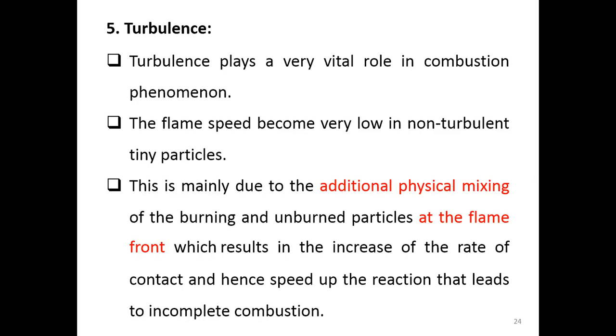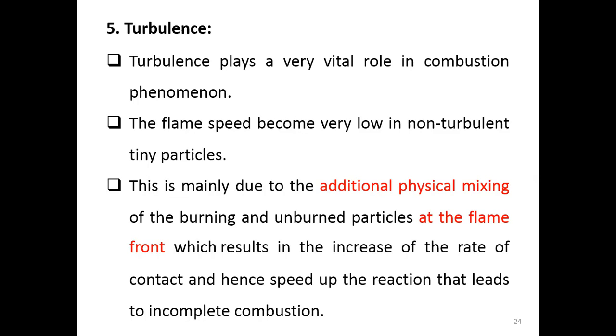Now, if the flame speed is too slow, that means there is more time for the burned and unburned particles to do the mixing all together again. So now this time is the mixing of burned and unburned.